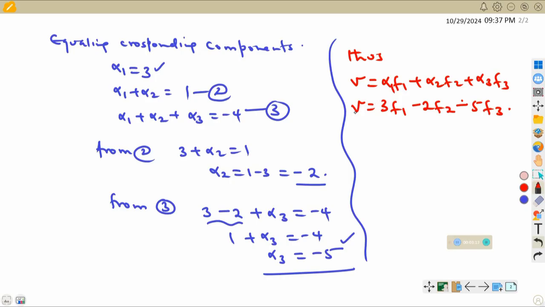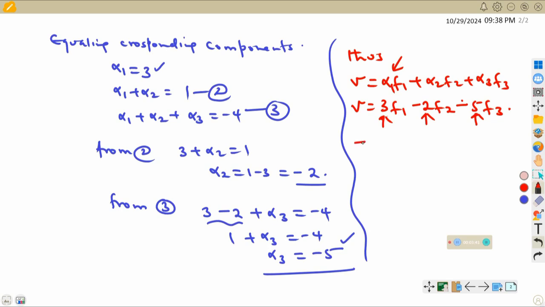So if we want the coordinate vector of v relative to the basis f, which contained f1, f2, and f3, we shall simply be taking these components. These components are the scalars that we have found: alpha 1, alpha 2, and alpha 3.